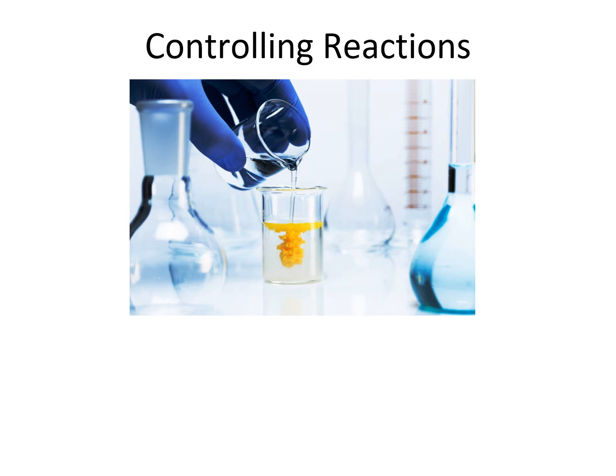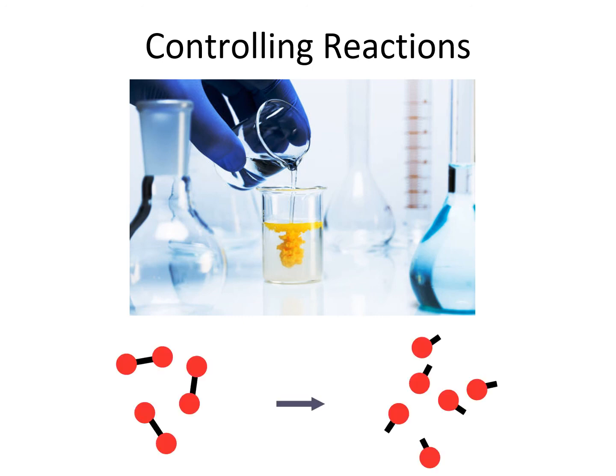And whether this reaction is in a chemistry lab or in a living cell, all reactions involve breaking covalent bonds. So you have a molecule, you need to break some of the covalent bonds, so then those molecules are free to form new covalent bonds to form some sort of new molecule.